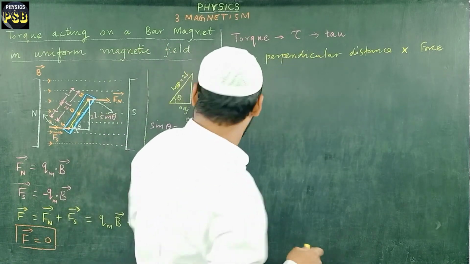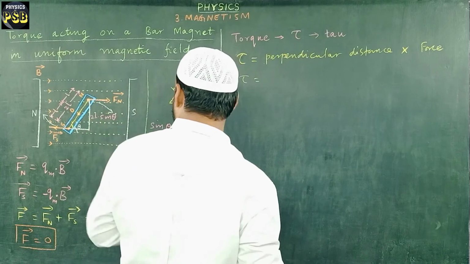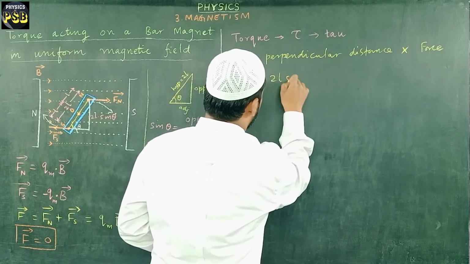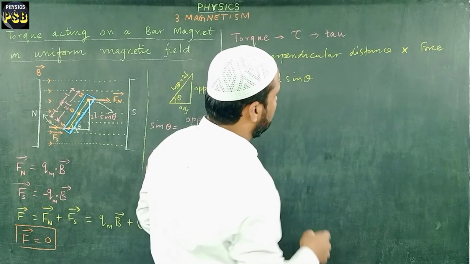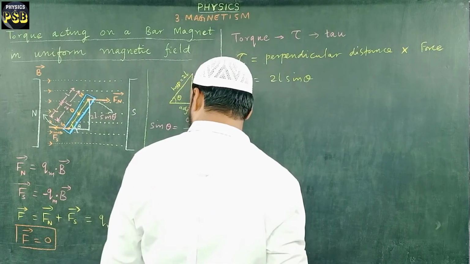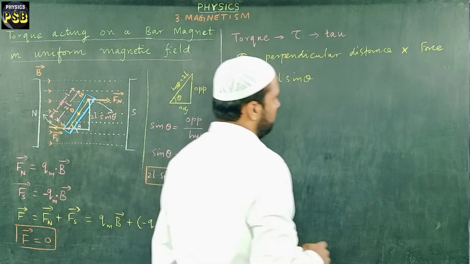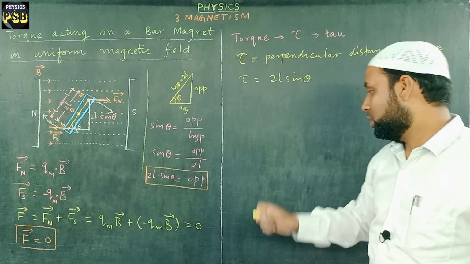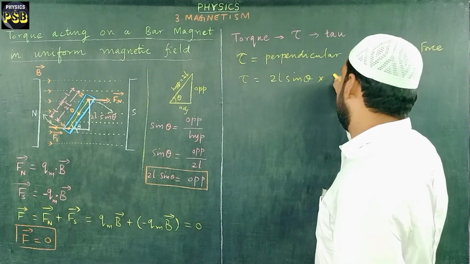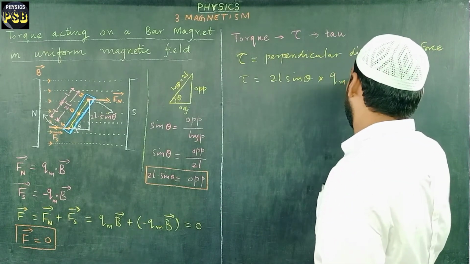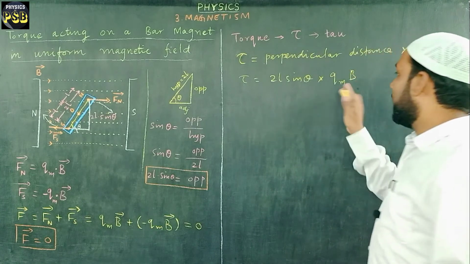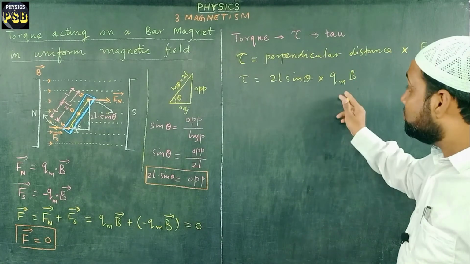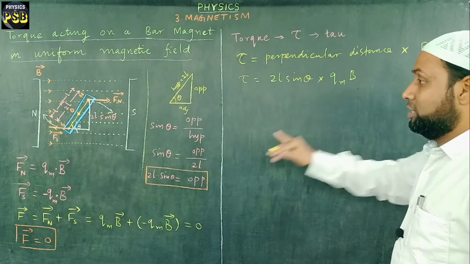Here, perpendicular distance is nothing but 2L sin theta. And the force acting on it is Qm B.